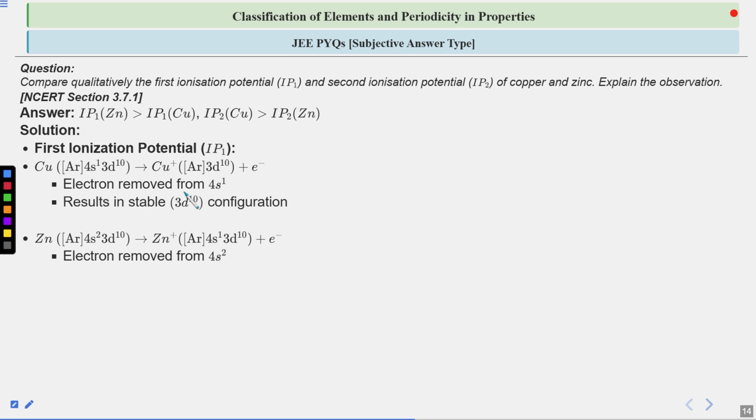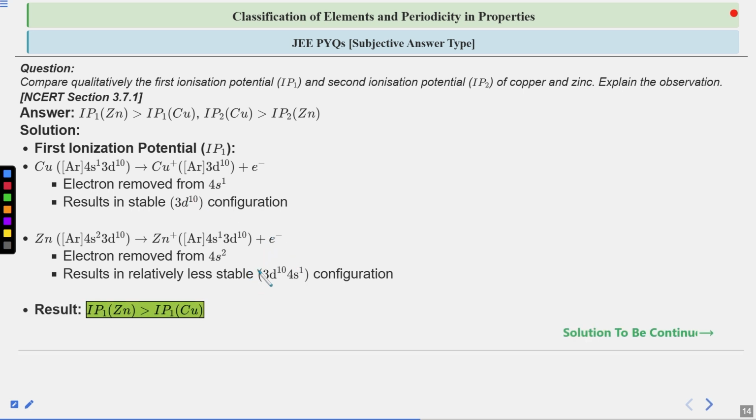So it is relatively less stable. Removal of an electron from zinc is relatively less stable than from copper, and hence it requires more energy. So we can conclude that the first ionization potential of zinc is greater than the first ionization potential of copper.